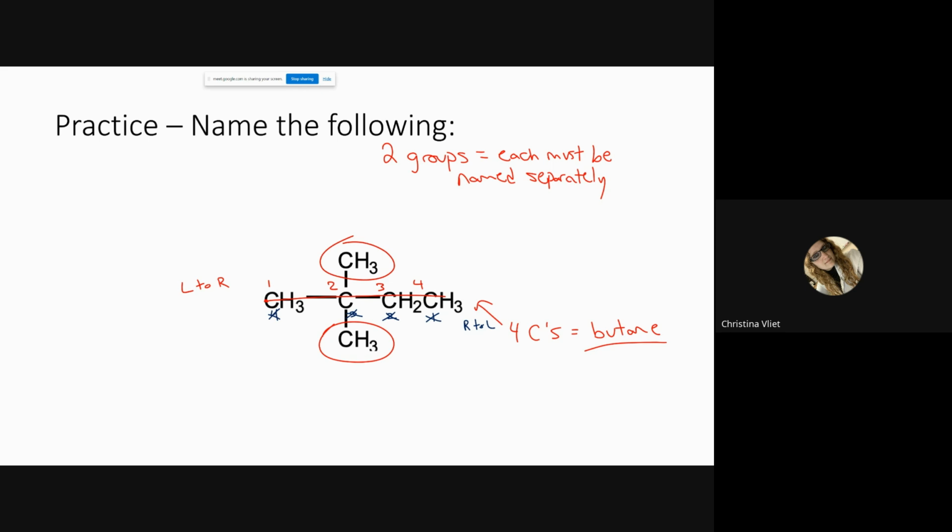The next step is to name each of these substituents individually. What's this one on the top named? It's 1 carbon long. It's coming out of carbon 2. 1 carbon long means what prefix? Meth. And off the chain is yl. So it's 2-methyl.